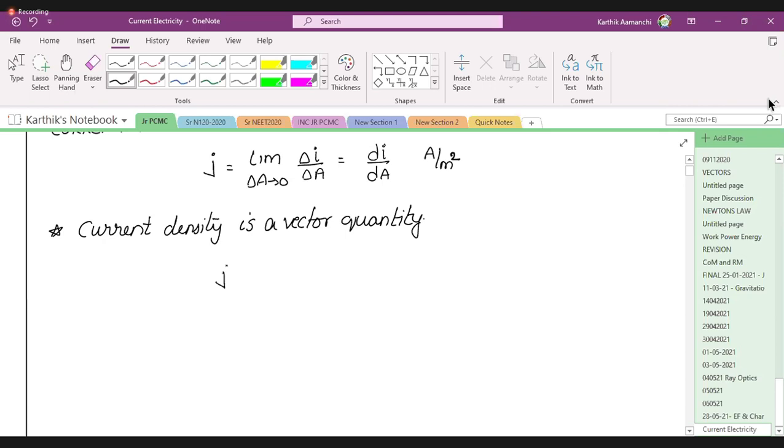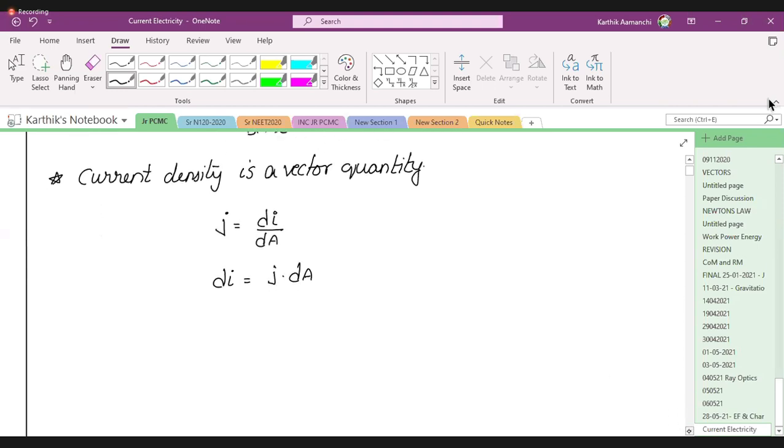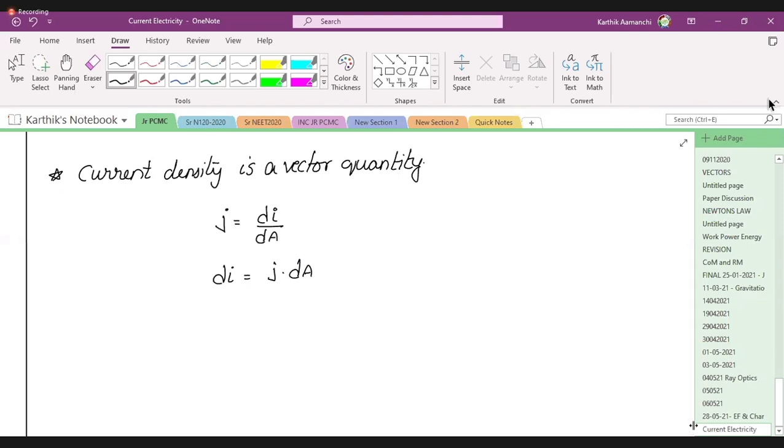See, so J is equal to dI divided by dA. From this, dI is equal to J into dA. Correct?